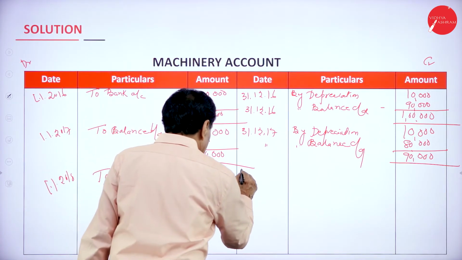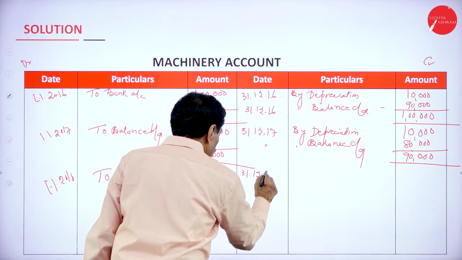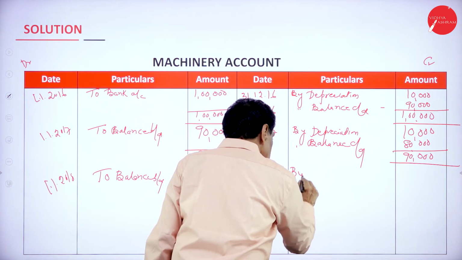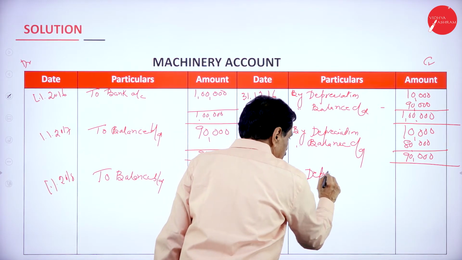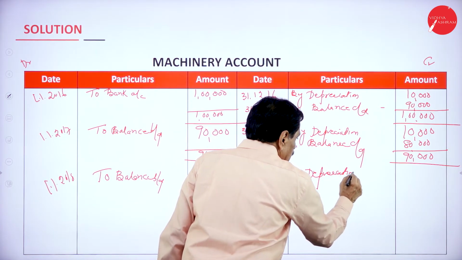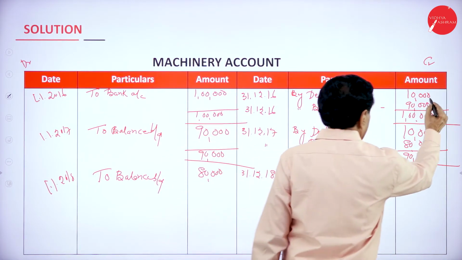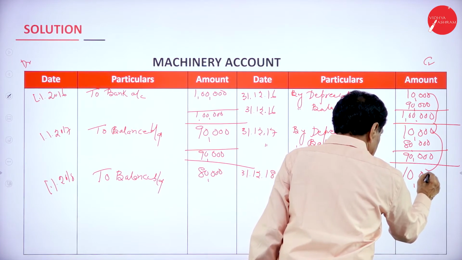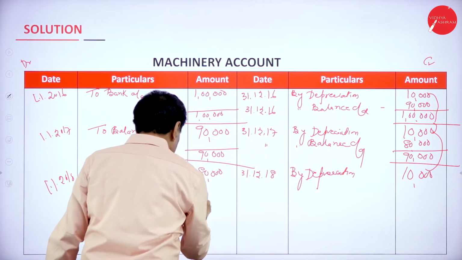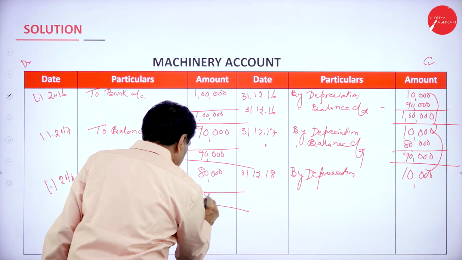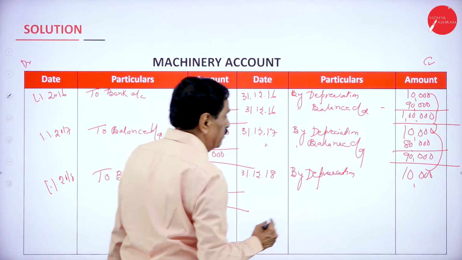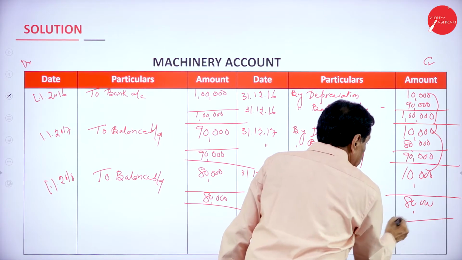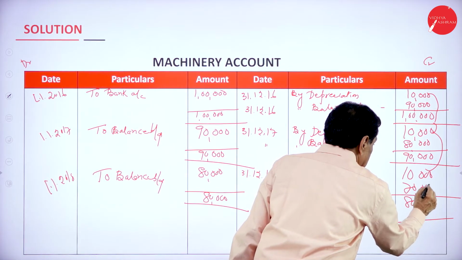Depreciation remains constant. 31st December 2018, by depreciation. First year 10,000, second year 10,000, third year also 10,000. Bring out the difference: 80,000, 10,000 gone means 70,000.